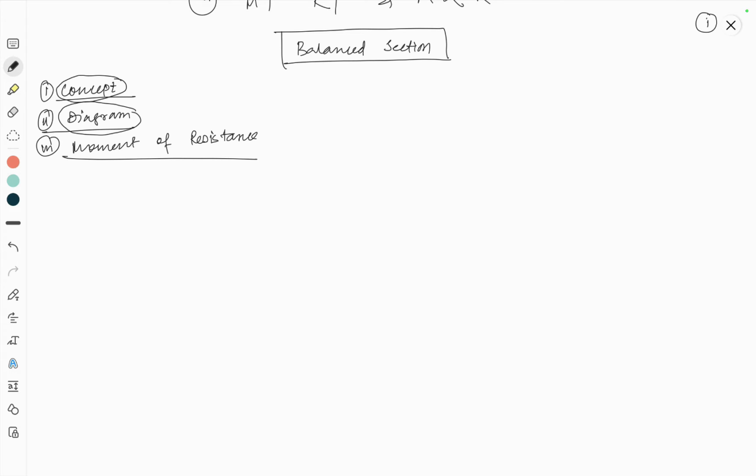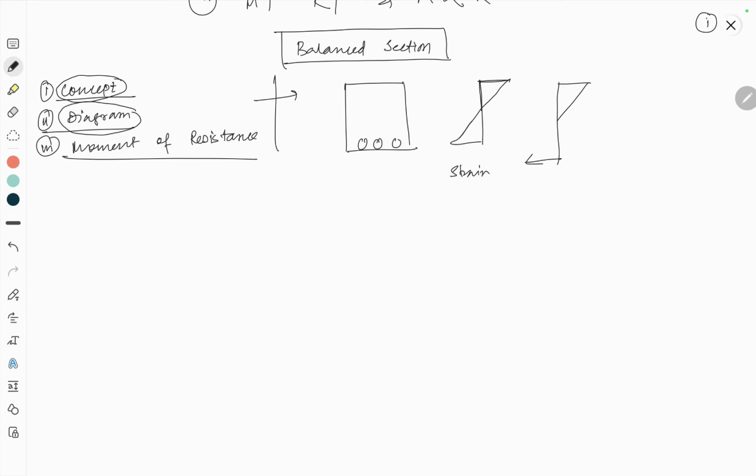Before starting the concept, first I want to say something. This is your beam cross section, and here the strain diagram, and here your stress diagram.